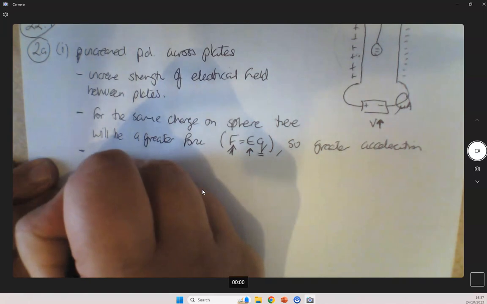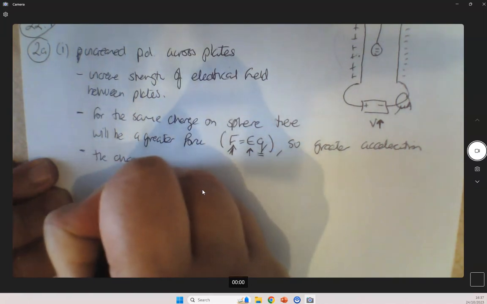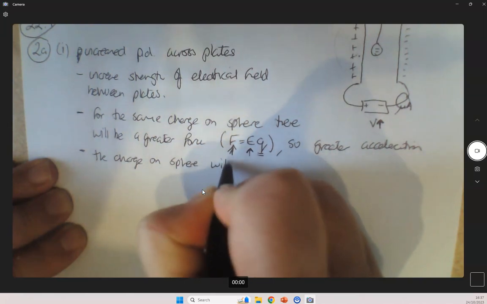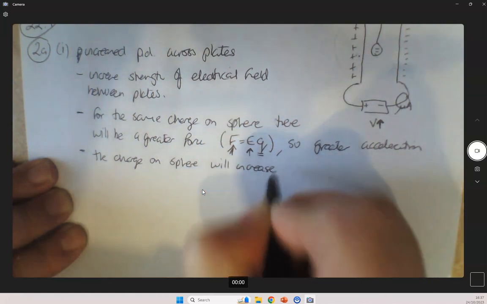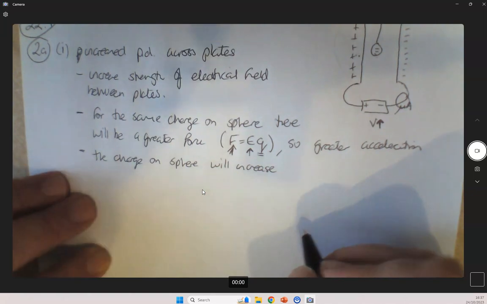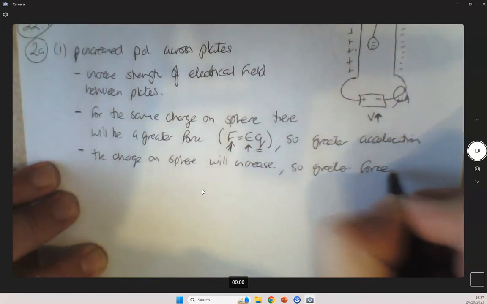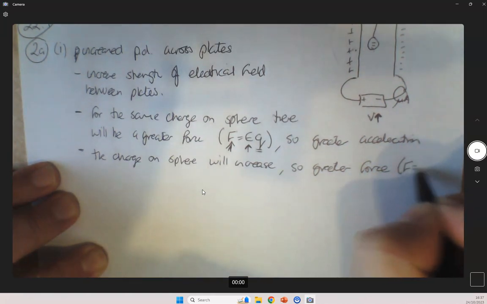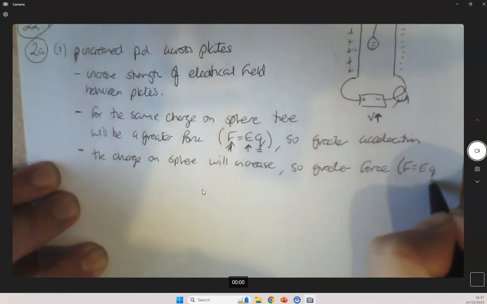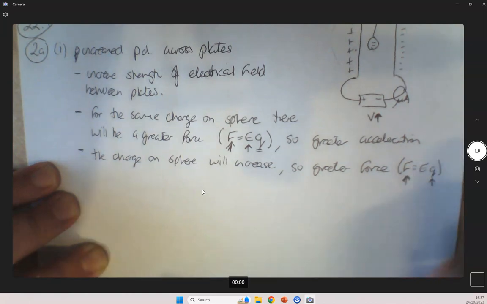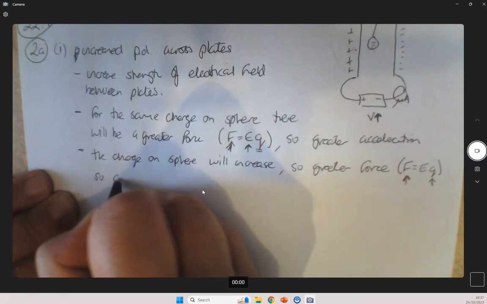So we can say the charge on the sphere will increase. Again, there's going to be a greater force because F is equal to EQ, and we've increased Q. So therefore, F must increase, so we'd have a greater acceleration.